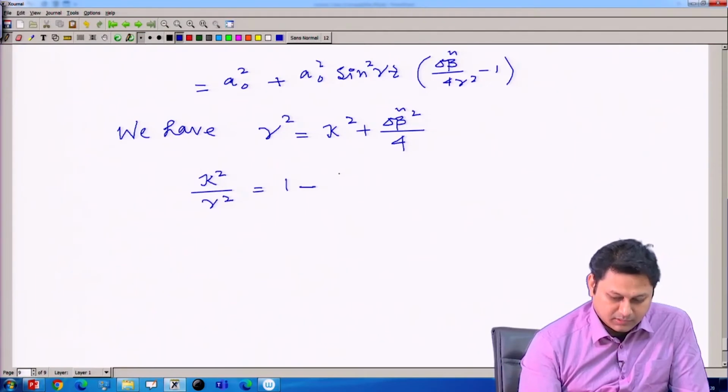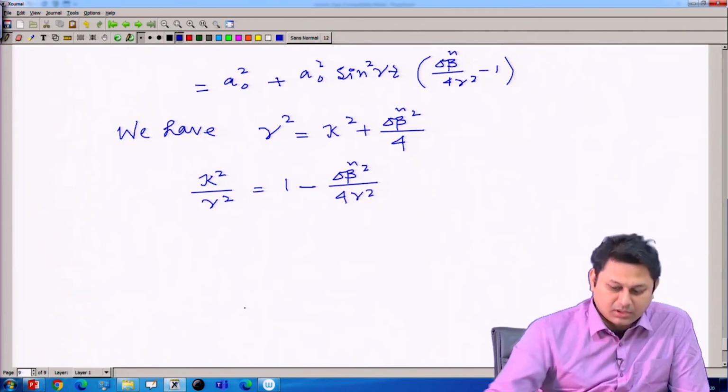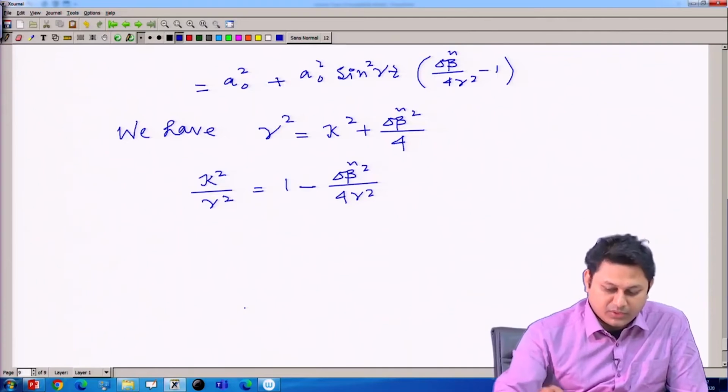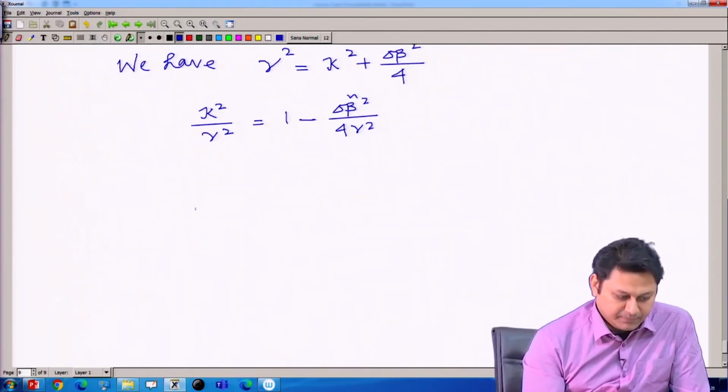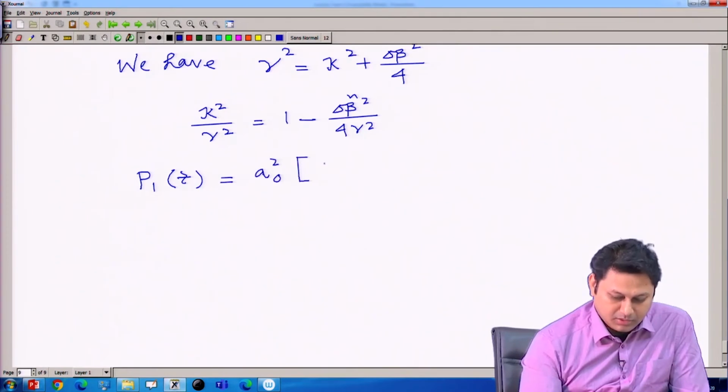It should be 1 minus delta beta square divided by 4 gamma square. I can have this. So, I can use this value here, and eventually my power will be something like A0 square into 1 minus kappa square by gamma square, then sine square gamma z.